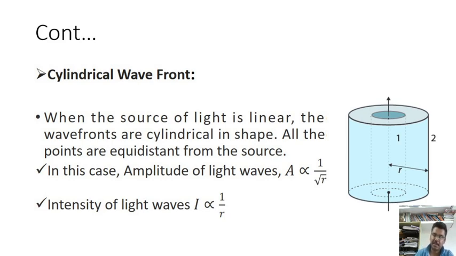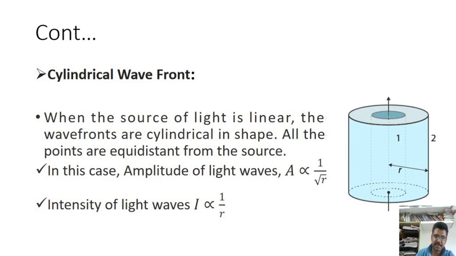Next, third one, cylindrical wavefront. See here, the light passes from this side to this side. When the source of light is linear, the wavefronts are cylindrical in shape. All the points are equidistant from the source.